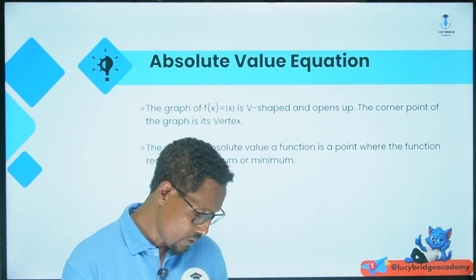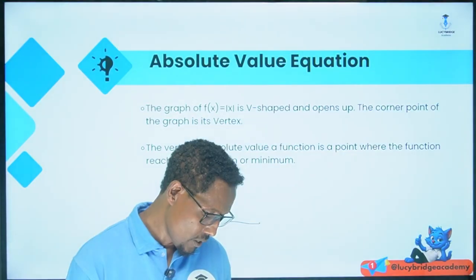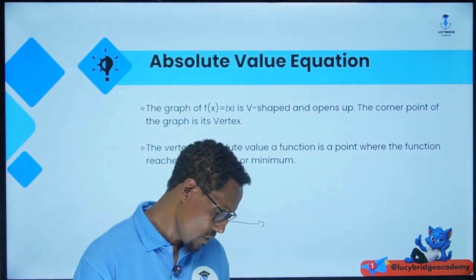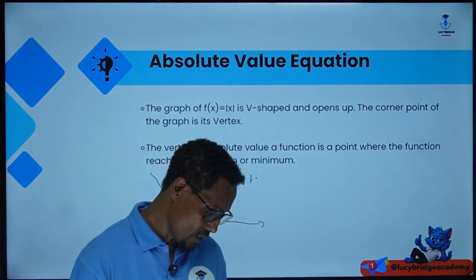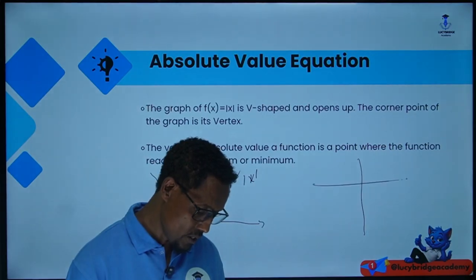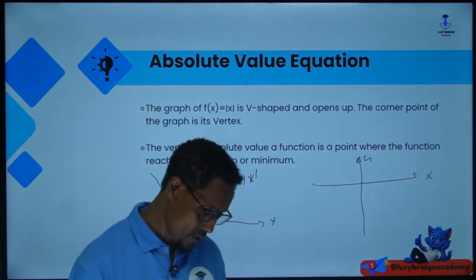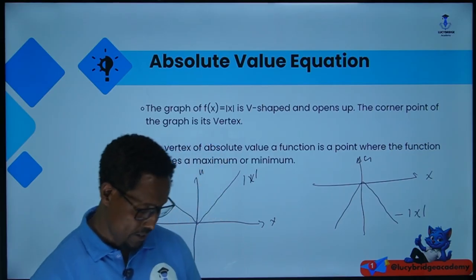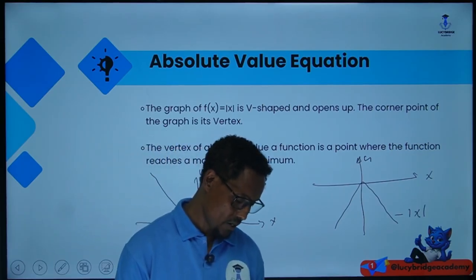Let me show you. This one is the absolute value of x, which has a positive coefficient, whereas this one opens downward, and this is minus the absolute value of x.